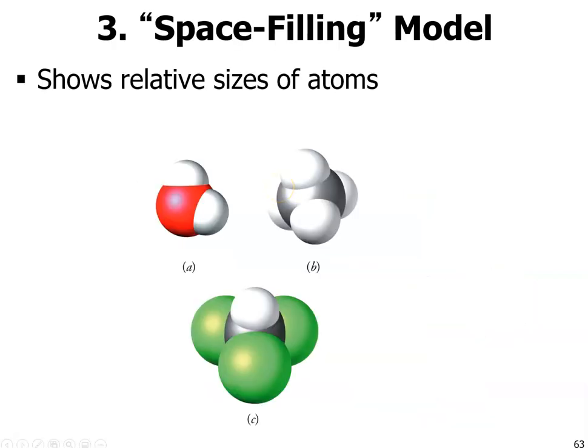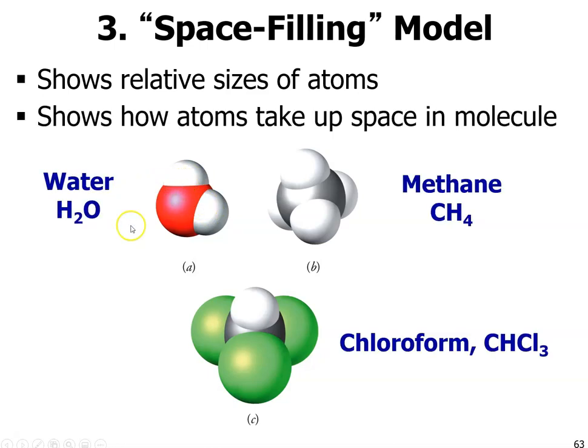So here we also have the space filling model, similar to the last one. It represents the different sizes of the atoms compared to each other, and we have the fusion of these spheres within each other, representing sharing electrons. And it shows how these atoms take up space in a molecule. On the left here, we have oxygen and two hydrogen.